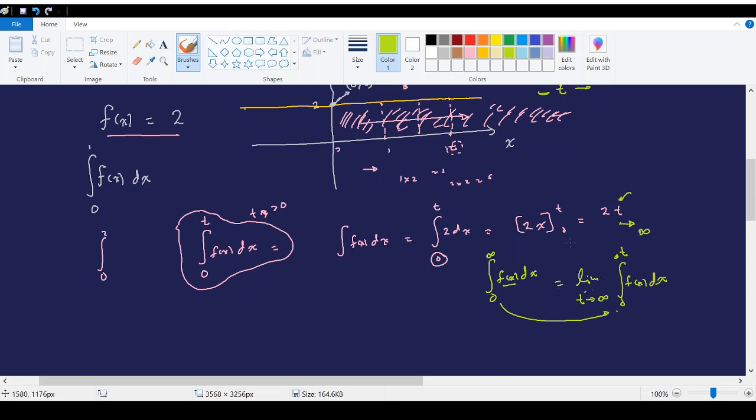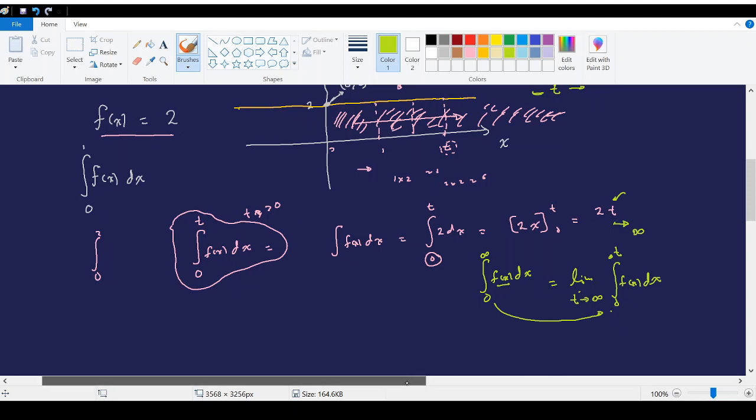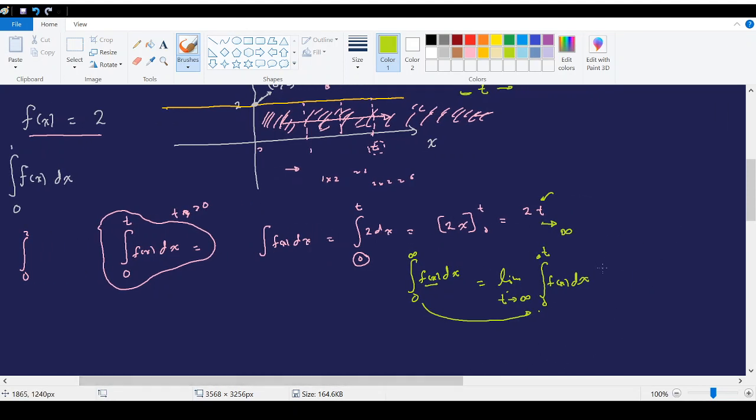For this particular example, the integral of f(x) from 0 to t gives, as t goes to infinity, the limit of 2t, which is equal to infinity.